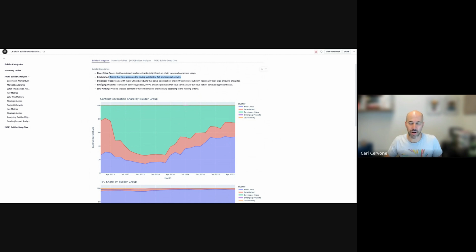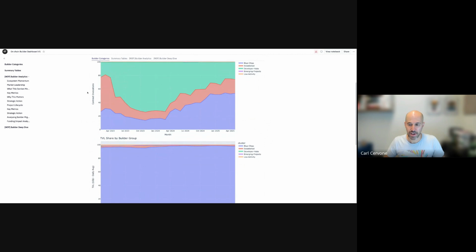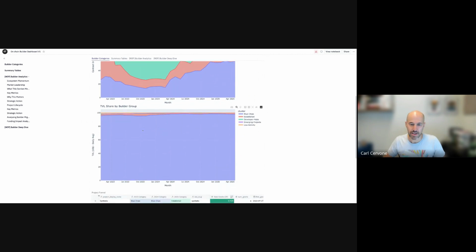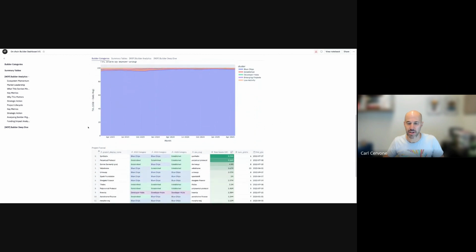An NFT minting platform would probably fall in this category. And then you have a couple of lower tier ones, like emerging projects, and low activity ones, which are either old or might be dying. As you might expect, all the TVL is dominated by the blue chips because TVL is an input into becoming a blue chip. So that's not surprising.